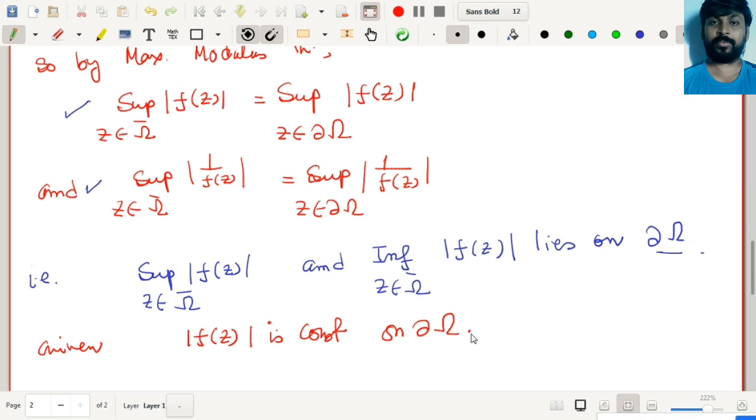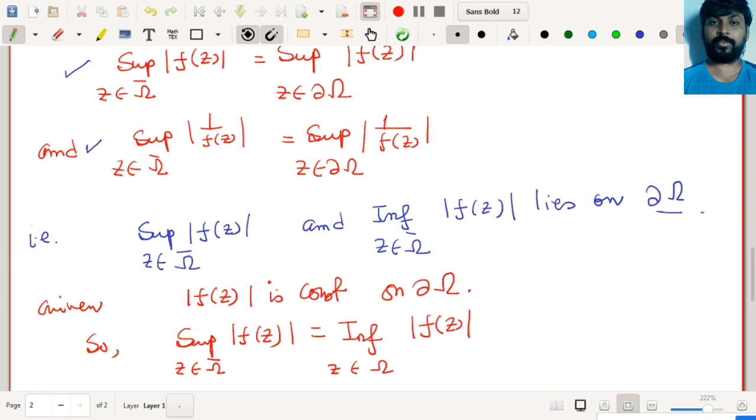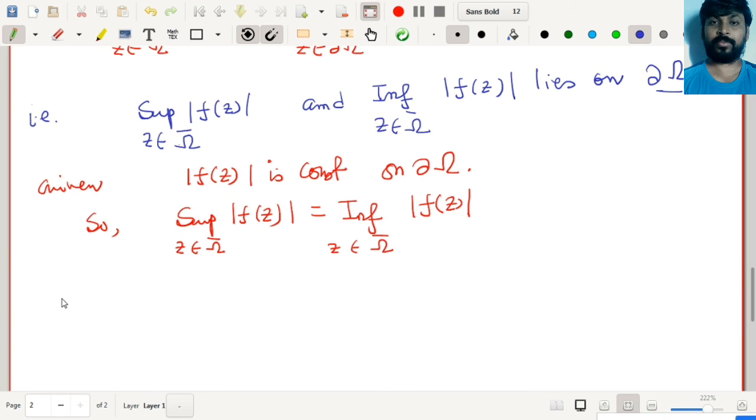Also it is given that mod of f(z) is constant on the boundary. So we can conclude that the supremum value of mod f(z) is the same as the infimum value of mod f(z) where z belongs to omega bar, right? That means modulus of f(z) is constant on omega bar, hence in omega.